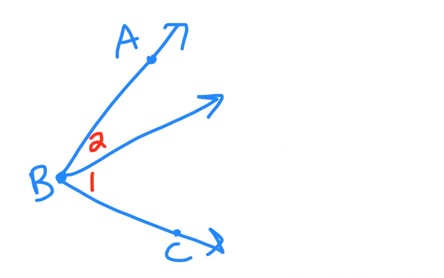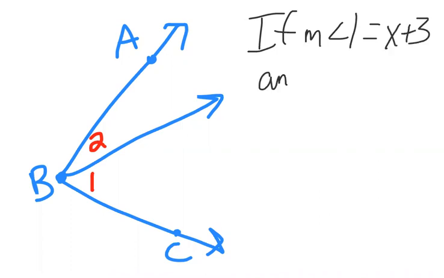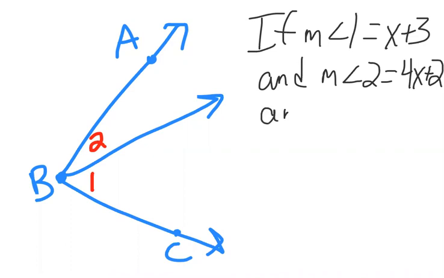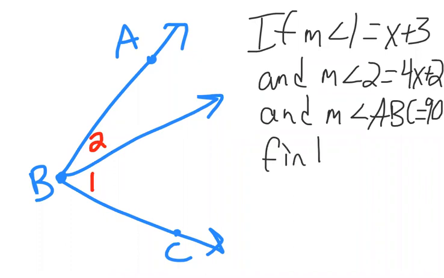How about I tell you over here in words: if the measure of angle 1 equals x plus 3 and the measure of angle 2 equals 4x plus 2, and the measure of angle ABC equals, let's go with 90 this time. Find x. So you are going to have to write an equation and then solve for x.